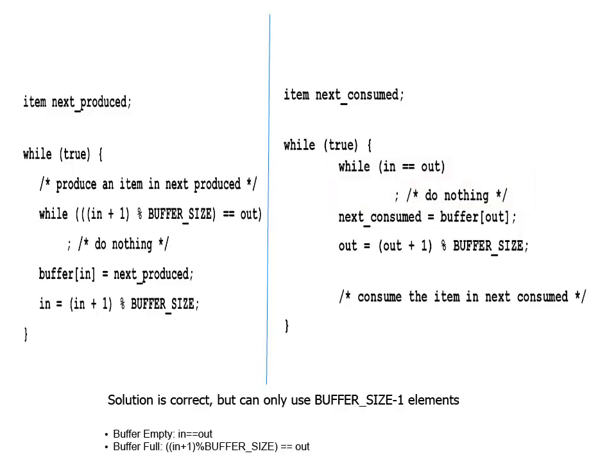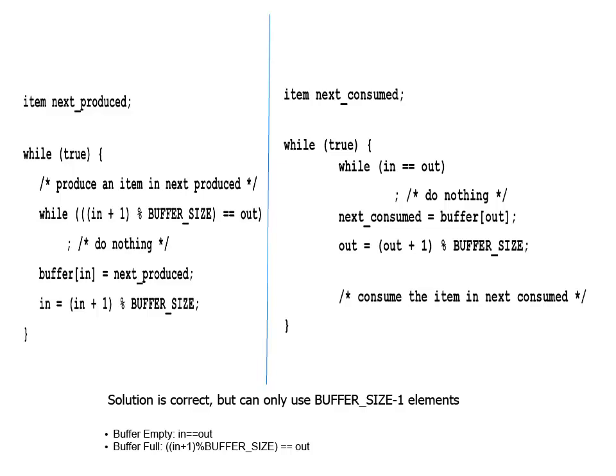While in is not equal to out, that means there's some item in the buffer, so the consumer can move on. So we assign buffer[out] to next_consumed. In the example, out equals 0, which is the first item in the buffer, and it is assigned to next_consumed.